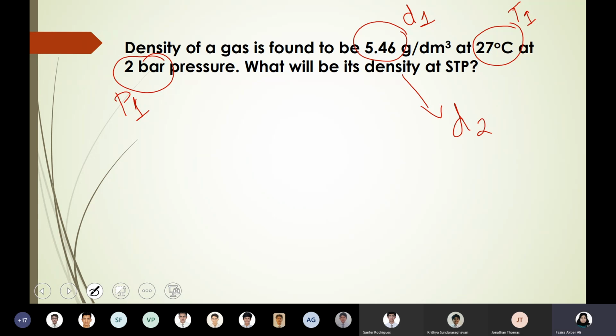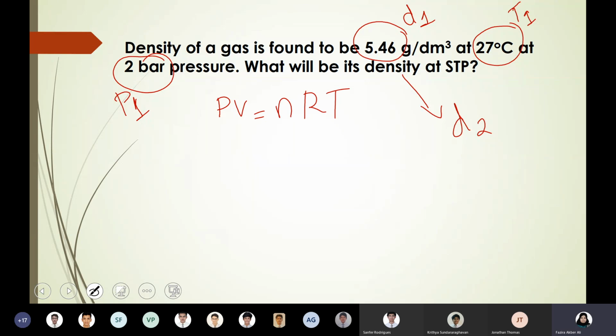So, did we discuss any relation between density, pressure, temperature, connecting these three variables? Yes, ma'am. What was the equation? Mass by volume and temperature. See, all these things will be related to your ideal gas equation.